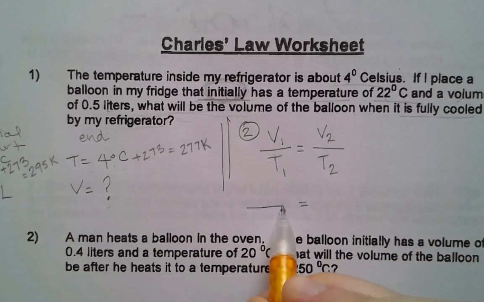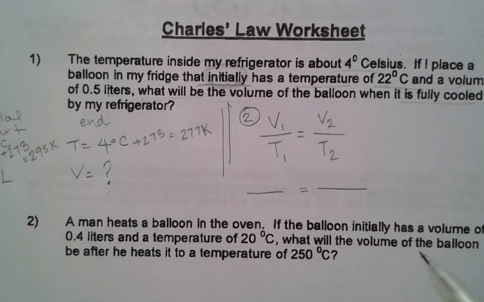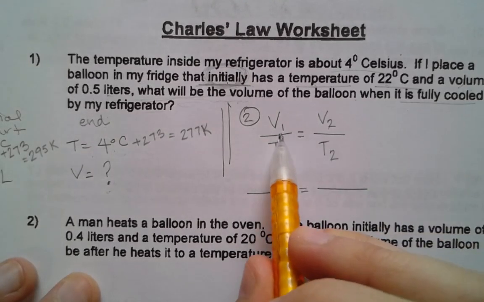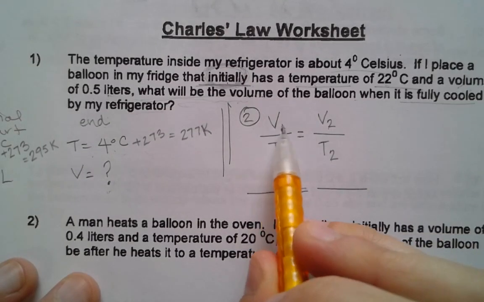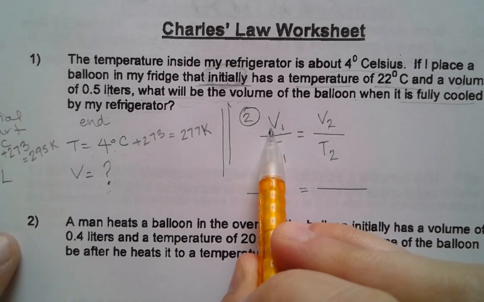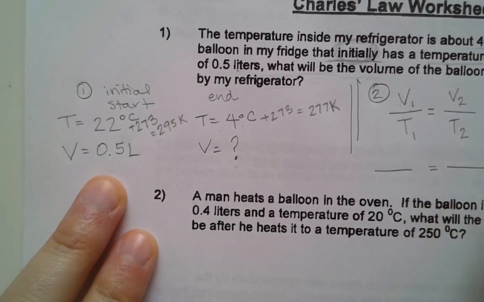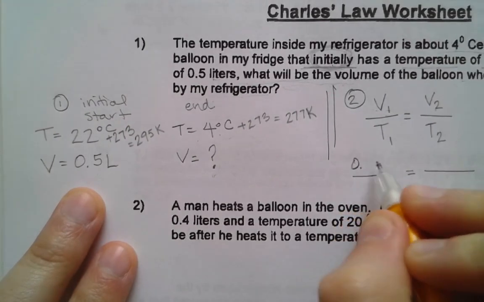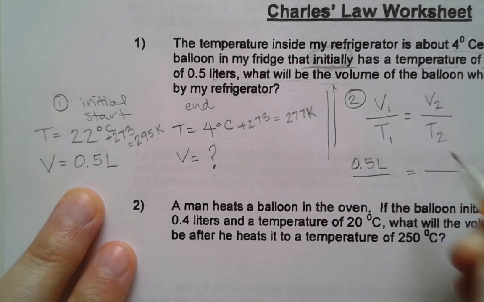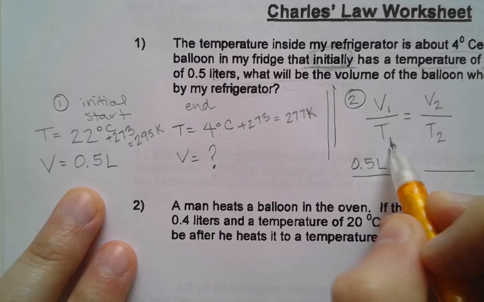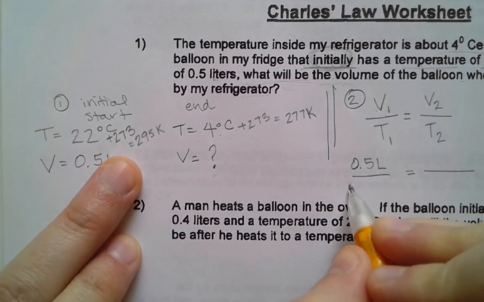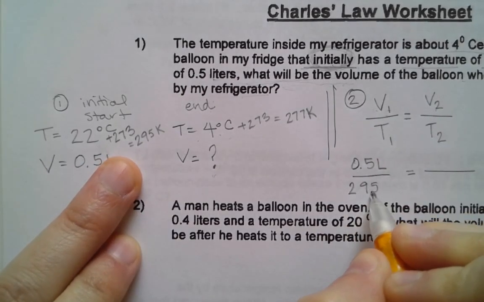Every number gets a unit, just like every other time your whole lives. Your starting, that little one means starting, your starting volume. Pull from your setup, your starting volume is 0.5 liters. Your starting temperature, take your Kelvin number, is 295 Kelvin.